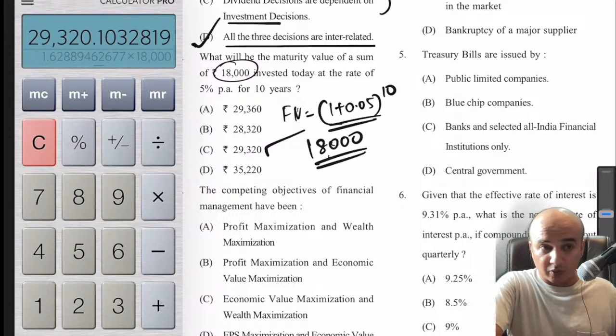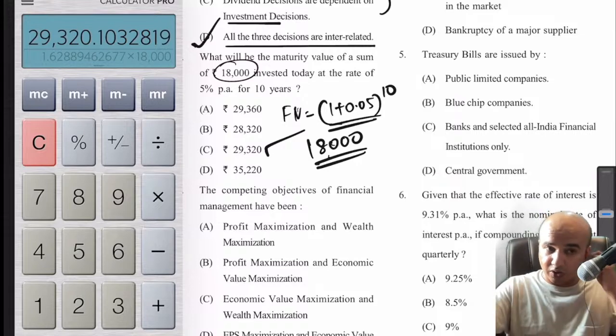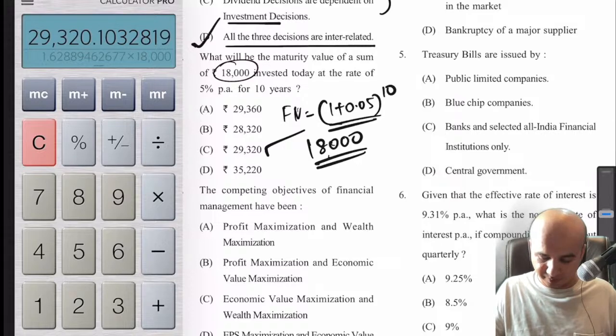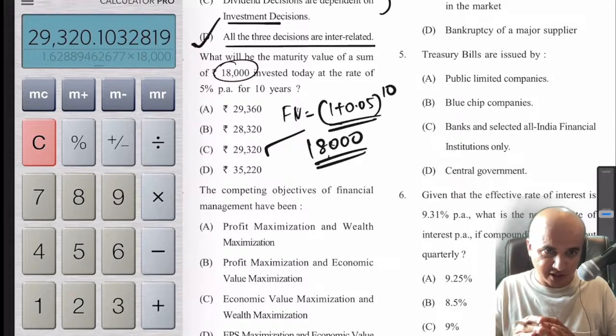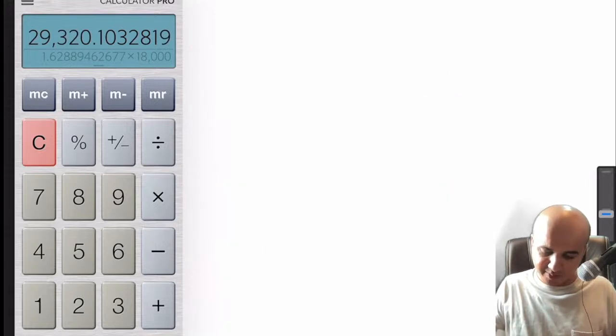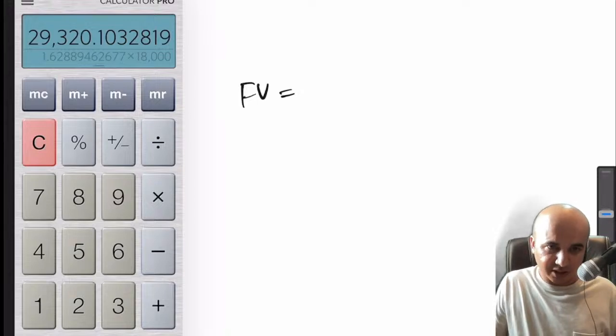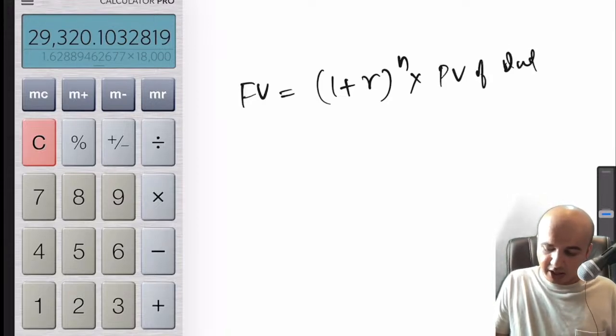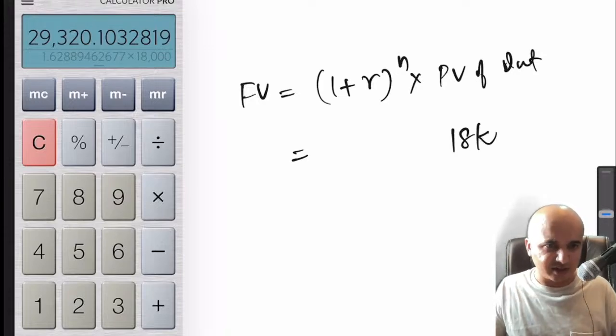So in the exam, I am not so sure whether they will provide the table or not. If they provide the table, well and good. Otherwise, you will have to do the way I did right now. So what I did was just use the formula here. Let me just insert a new sheet so that I can explain it clearly. Future value or the maturity value is nothing but 1 plus r to the power of n multiplied by the present value of investment. So present value of investment is already known, 18,000.